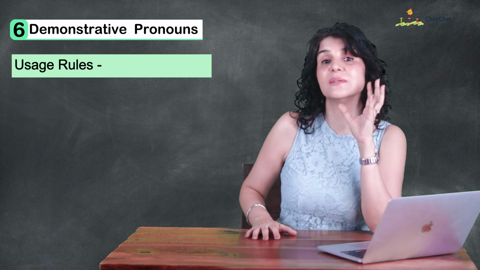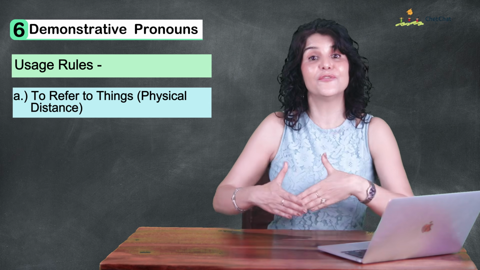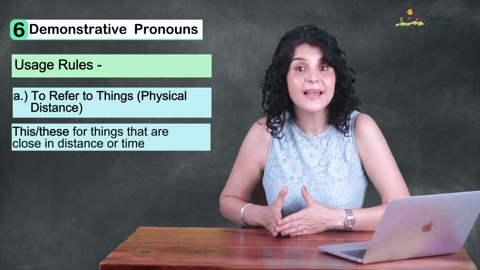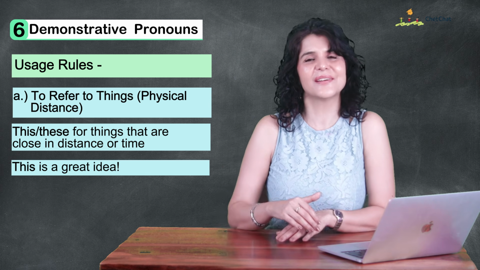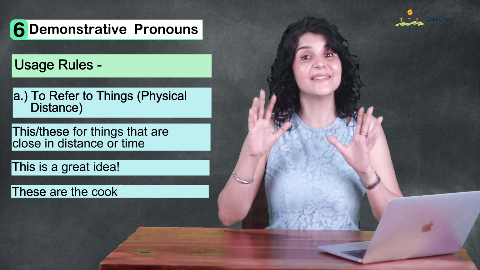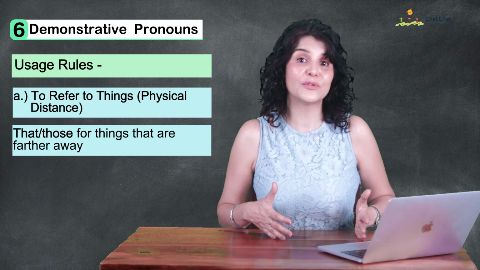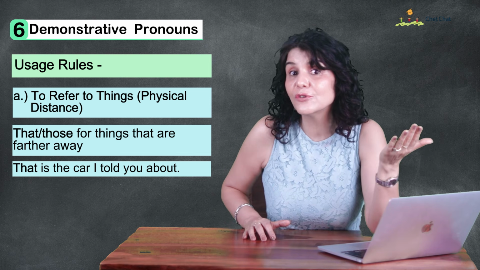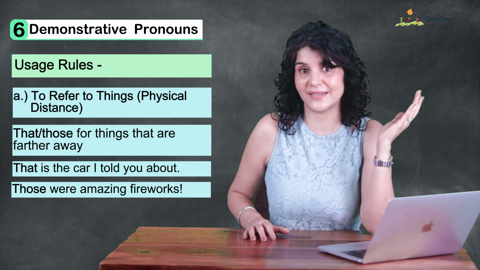Now for some usage rules. First, we use demonstrative pronouns to refer to things like physical distance. We use this, these for things that are close in distance or time. This is a great idea. These are the cookies I baked. We can use that, those for things that are farther away. That is the car I told you about. Those were amazing fireworks.